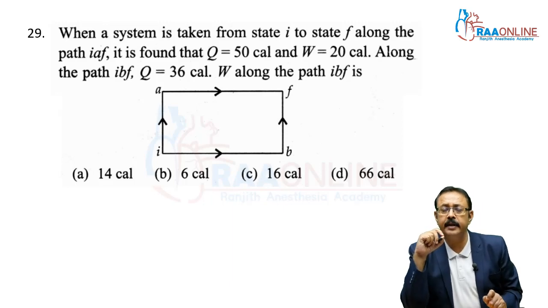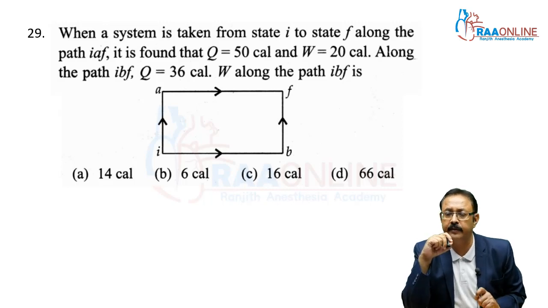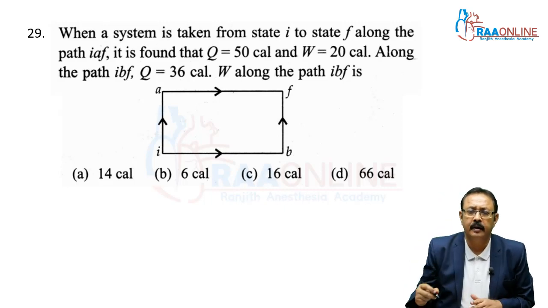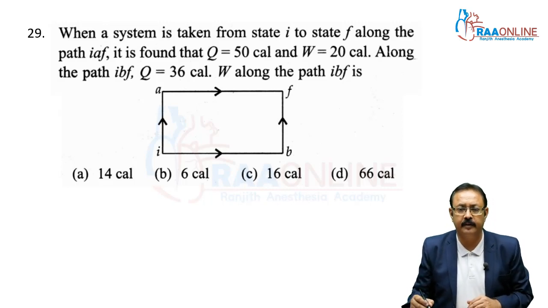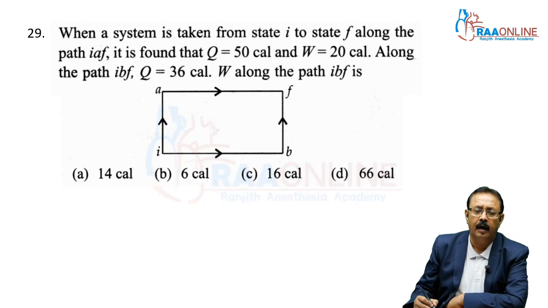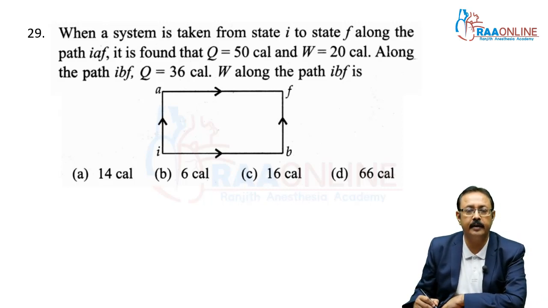When a system is taken from state I to state F along the path IAF, it is found that Q equals 50 calorie of heat was absorbed, because it is positive. Work done is also positive, 20 calorie. I told you initially that change in internal energy is path independent.